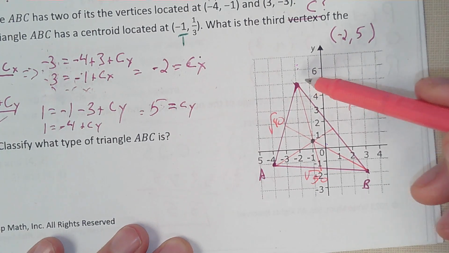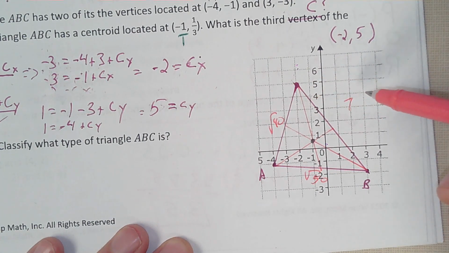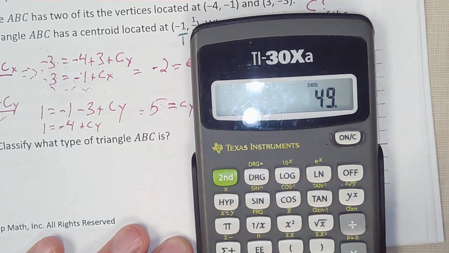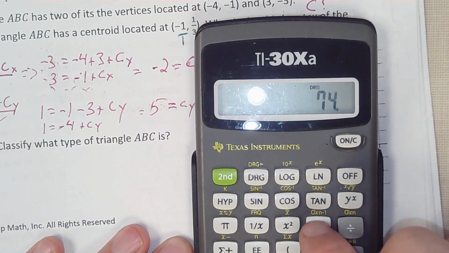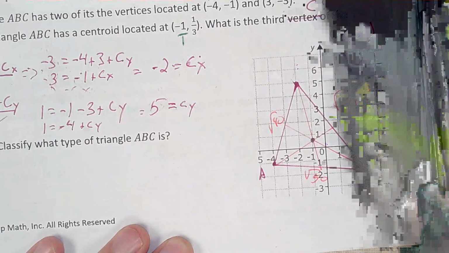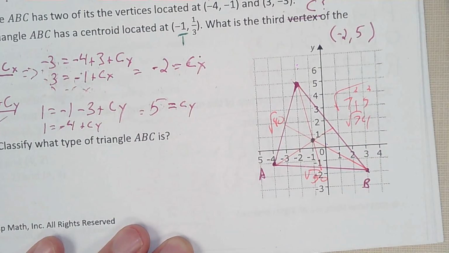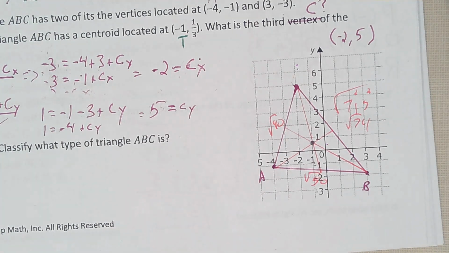And for x, it's negative 2 to 3, so it's a 5 change. So that guy is 7 squared plus 5 squared, and take the square root of that. That's the square root of 74. I don't think that's anything special. I think it's a scaling triangle.